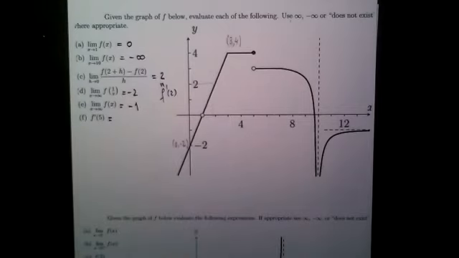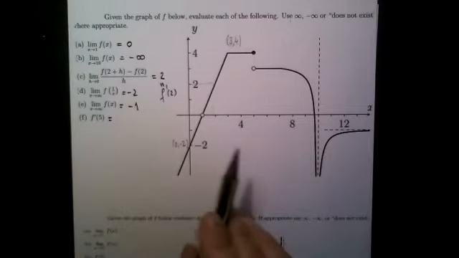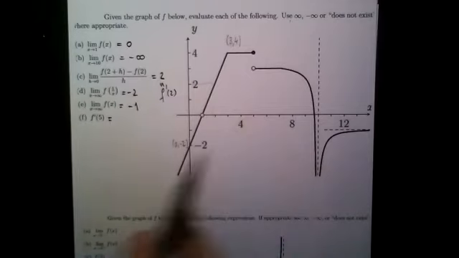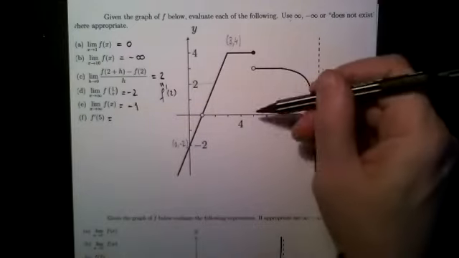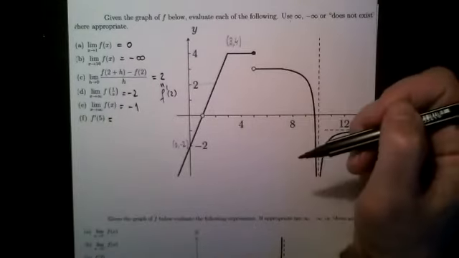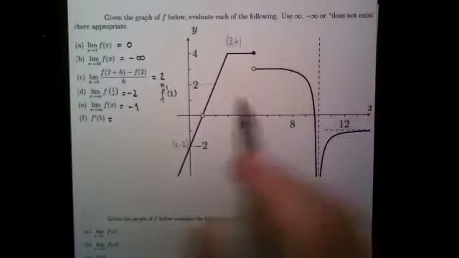And f prime of 5, Krish? 4. How did you get 4? I think you told me f of 5, right? Or f prime of 5 is what? Oh, f prime. Okay, I didn't see that.